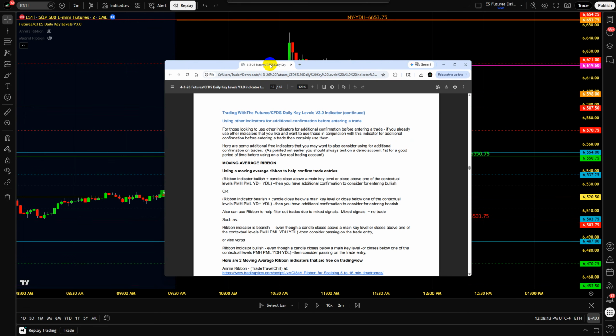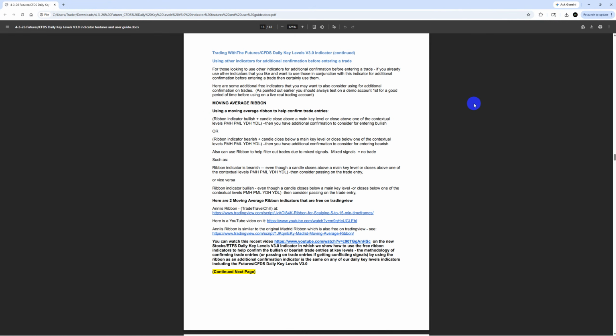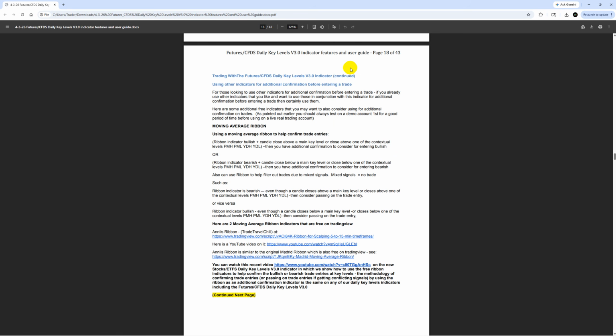And with your indicator, you also get a user guide and manual. So you'll see a page here, page 18. This is one page within the section on trading with the indicator.